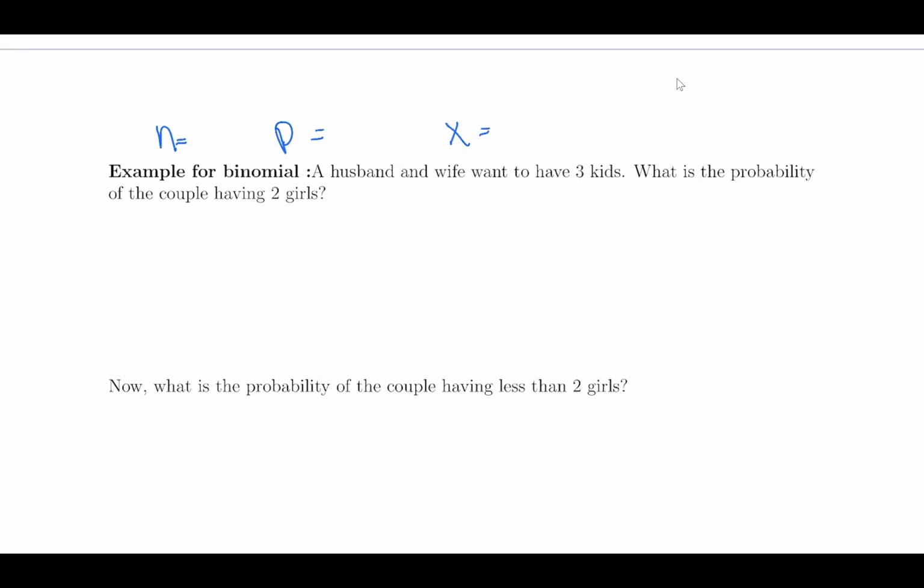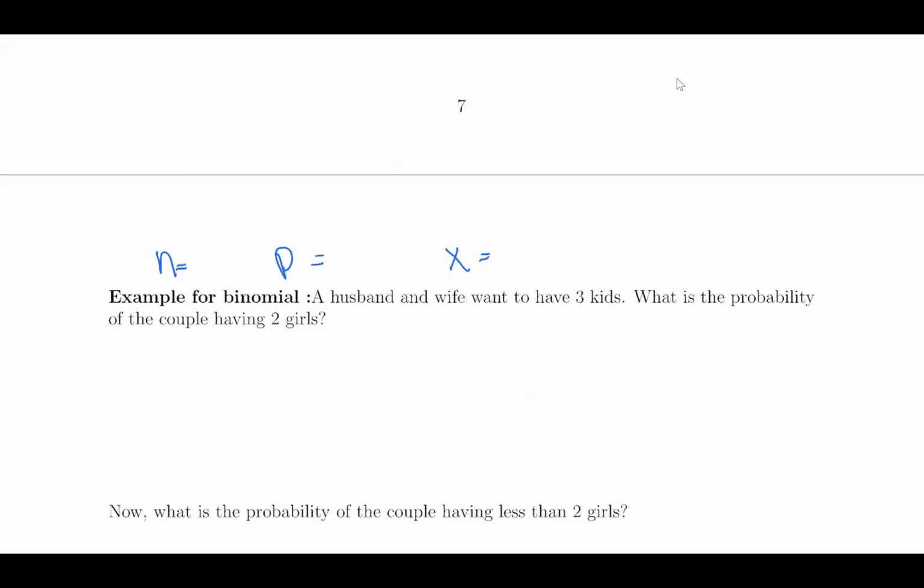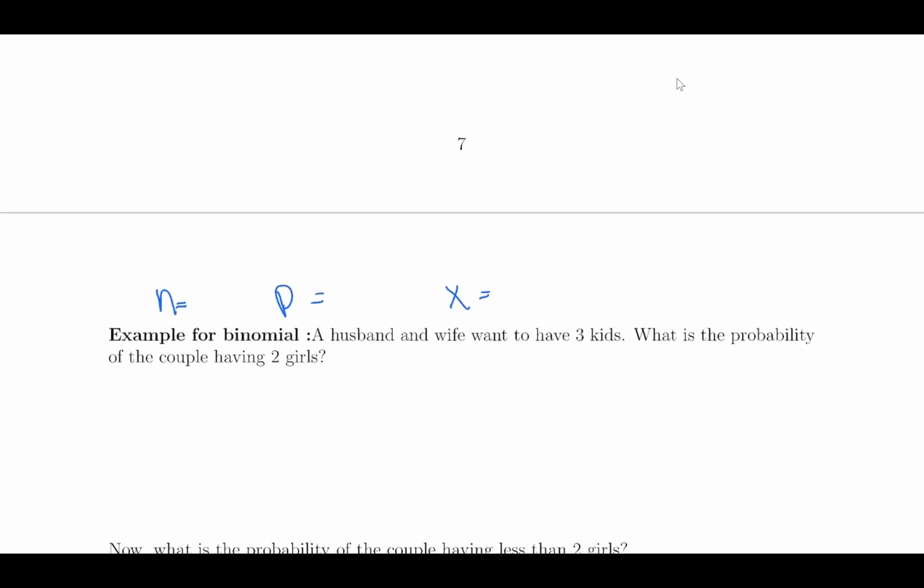So for this one, how many experiments are they having? 3. Oh, 3. So each kid is considered an experiment. So N is equal to 3.